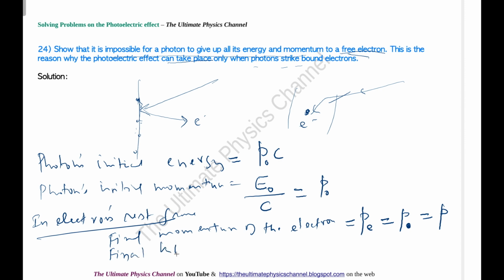That is E naught, because it has to have received the energy only from the photon, whose initial energy was E naught. So in the rest frame of the electron, it has received the energy E naught only, and that must be equal to this P times C, right?